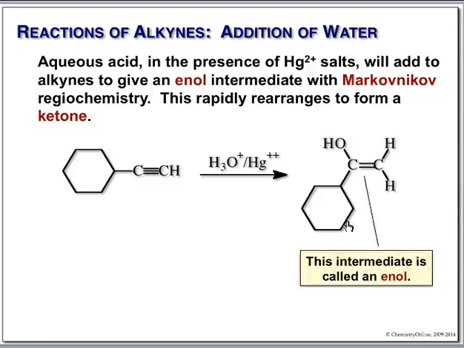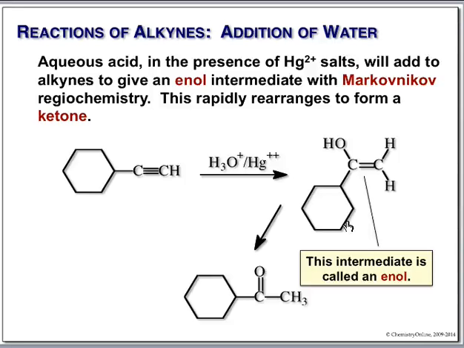Now the neat thing about an enol, and this will become extremely important next semester, is that this can undergo a simple reorganization to form a carbonyl compound. In this case, the carbon bearing the oxygen becomes a carbonyl. This becomes a methyl group.